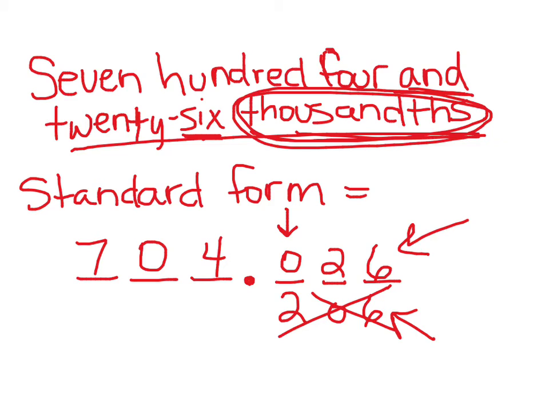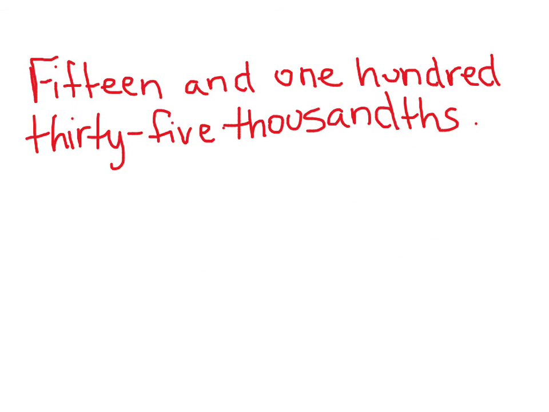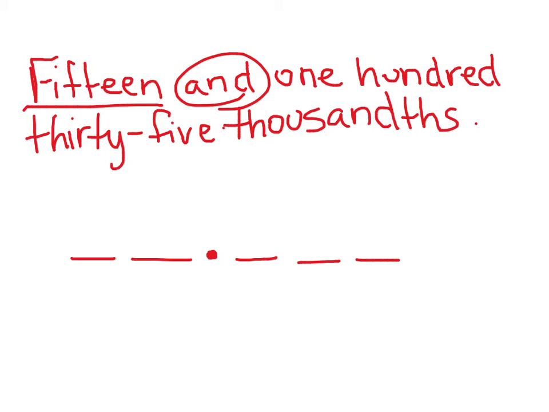So let's look at another one. Now I have 15 and 135 thousandths. I know that 15 is 2 digits, a 1 and a 5, right? I know that this "and" is a decimal. And then it says 135, so I know 135 is going to go down here. It's thousandths, so I know that the 5 is in the thousandths place.